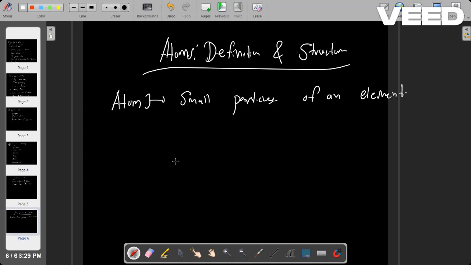Everything we have around is made out of different groups of atoms, and each group is called an element. There are about 136 groups of atoms, not atoms.